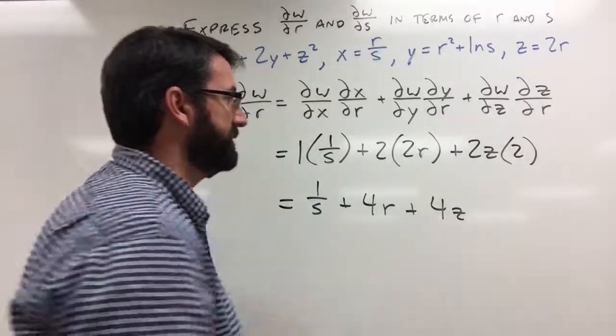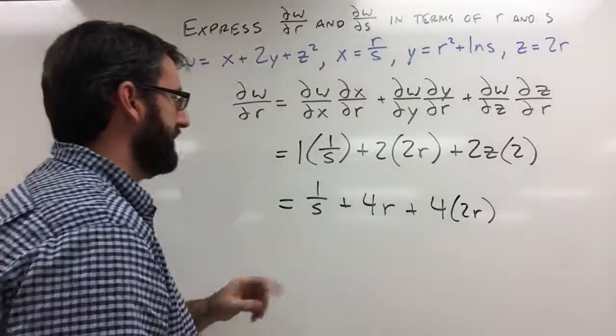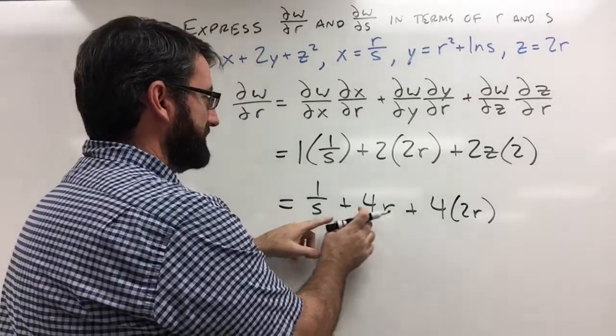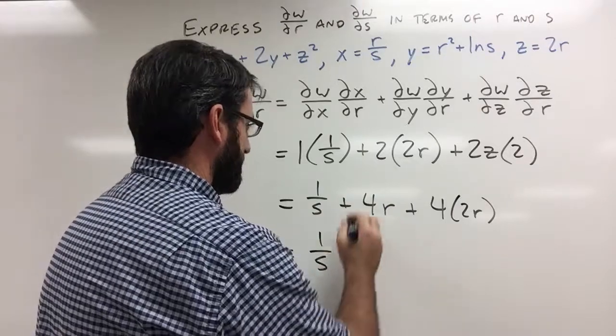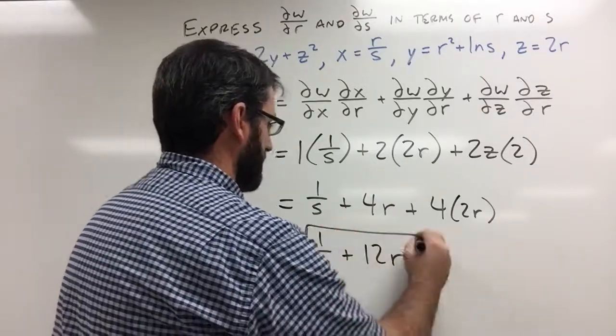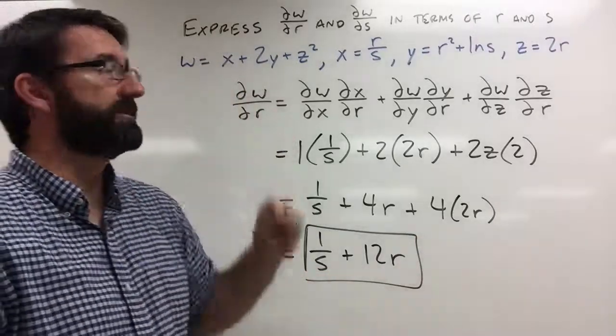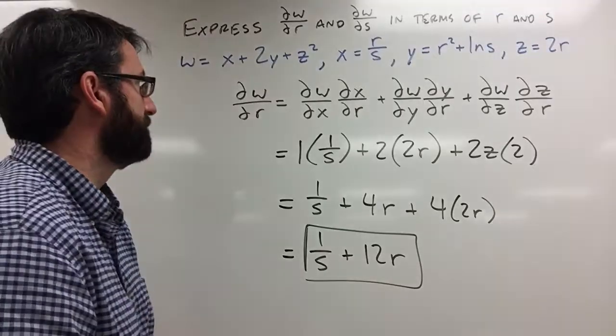So if we plug in 2r for that z, now we've got 1 over s plus 4r plus 8r. So this is 1 over s plus 12r. And that's going to be our answer for the partial derivative with respect to r.